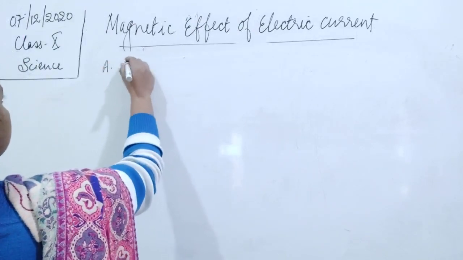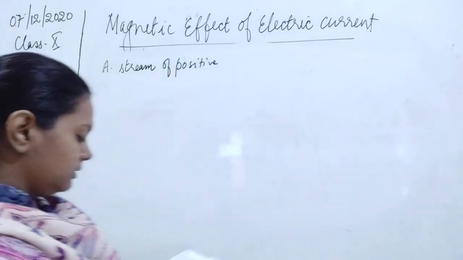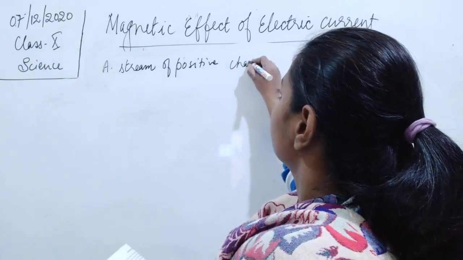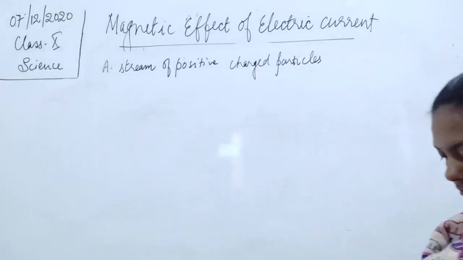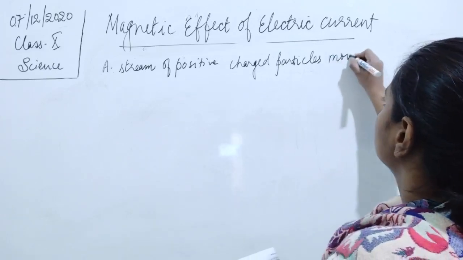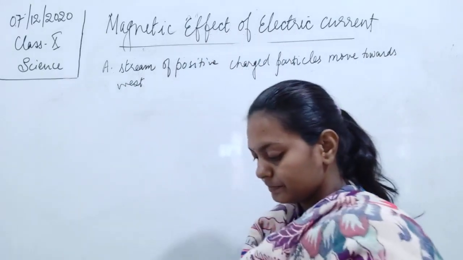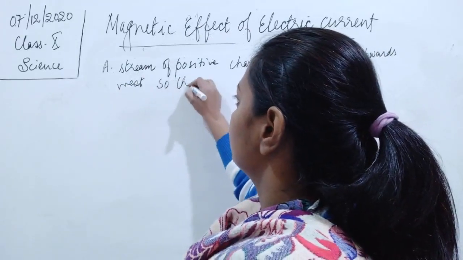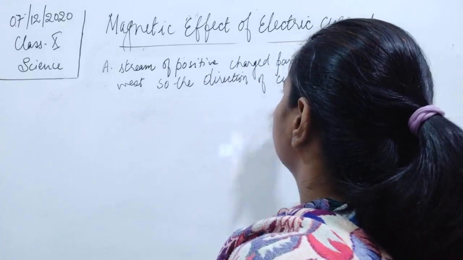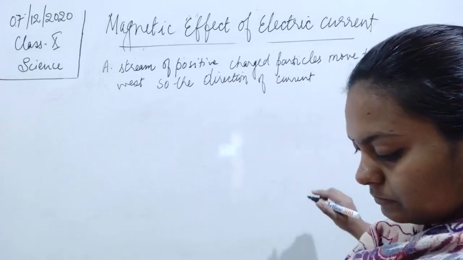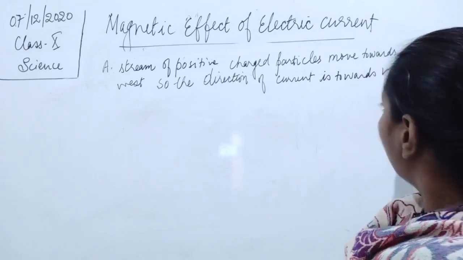A stream of positively charged particles moves towards west, so the direction of current is towards north.